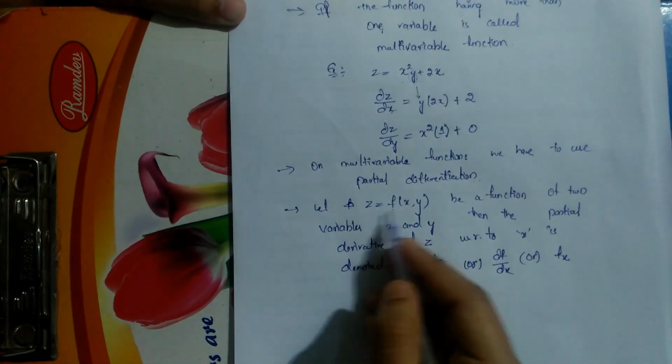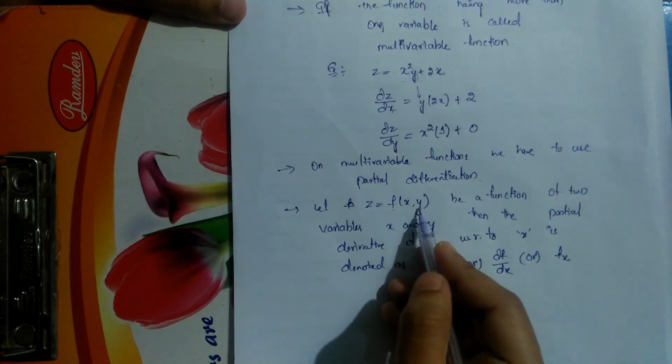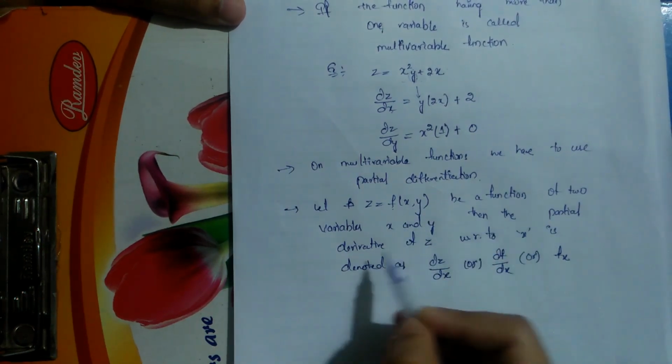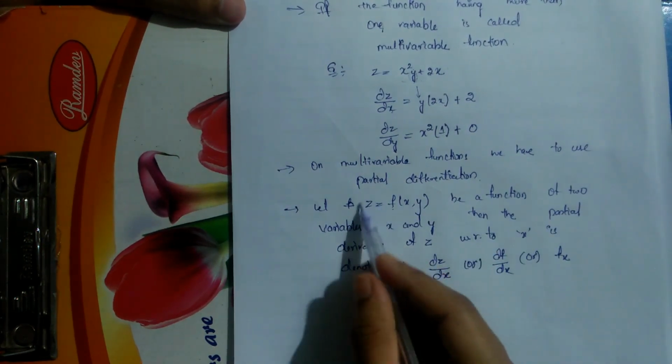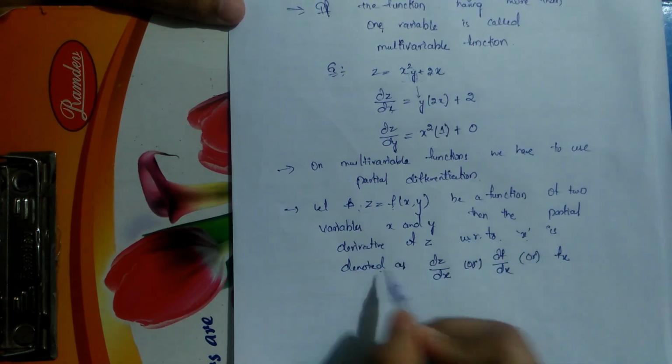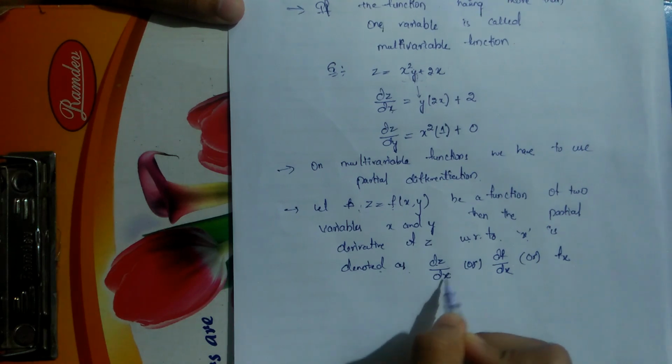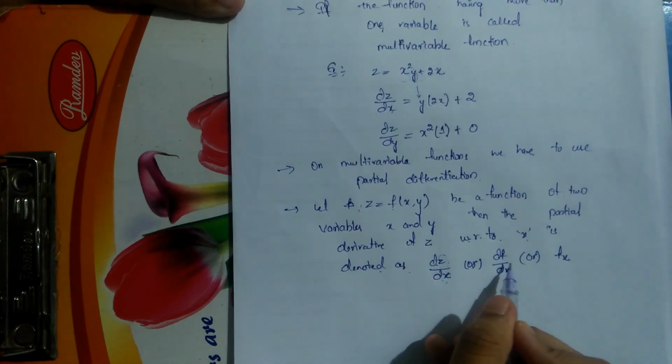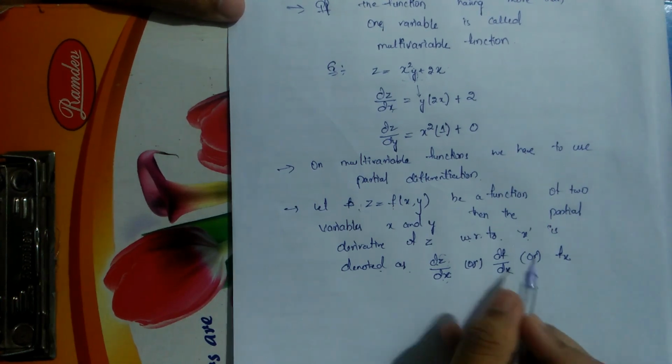So here, let z be a function with variables x and y. The partial derivative of z, meaning differentiation of z with respect to x, is denoted as dou z by dou x. It means the function z is derivated with respect to x. You can write it as dou f by dou x or fx.